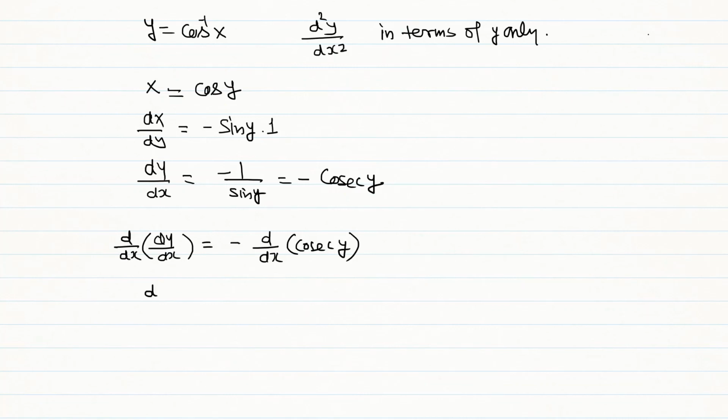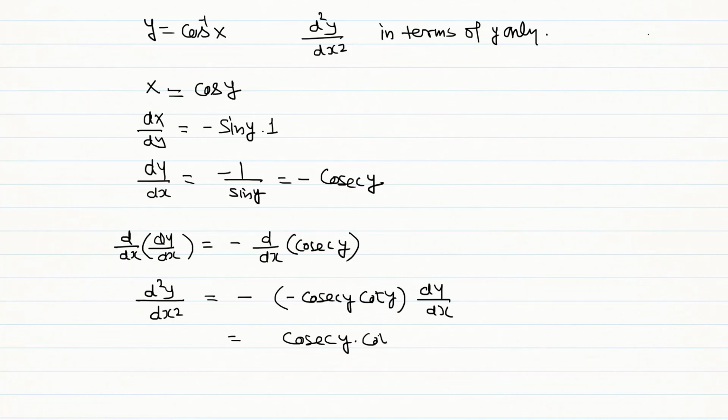So on this side it will be d²y/dx², while on this side the derivative of cosec y will be minus cosec y cot y times dy/dx, because it is a function of y and we are differentiating with respect to x. So overall the answer would be cosec y into cot y into the value of dy/dx.